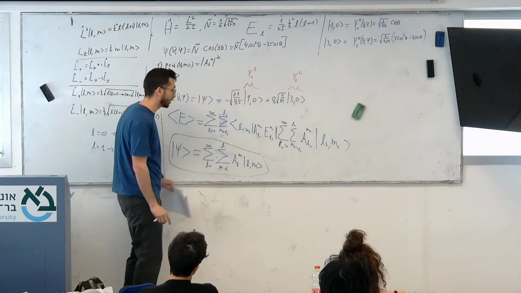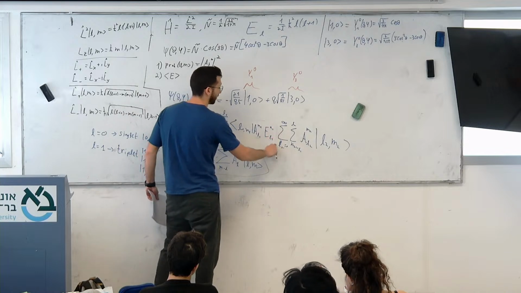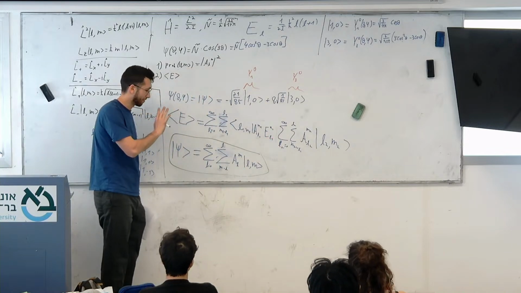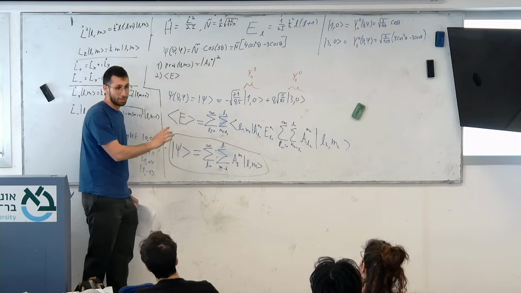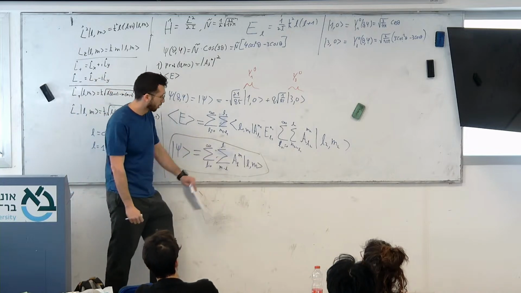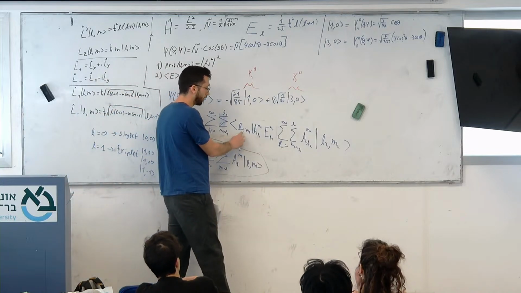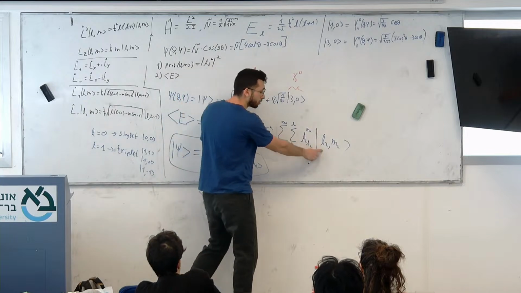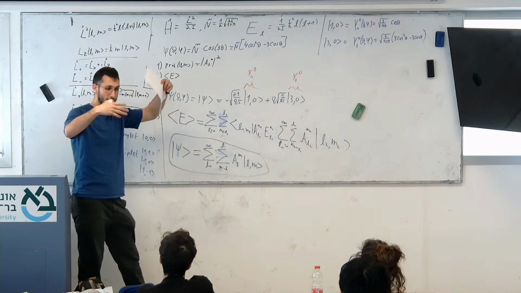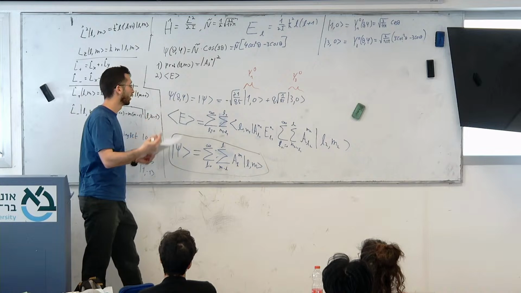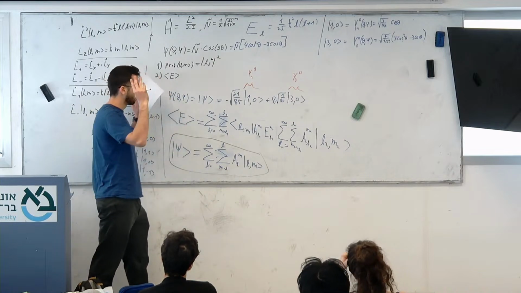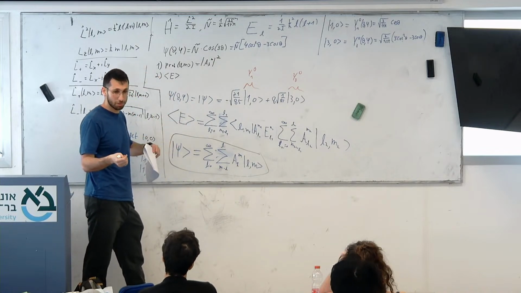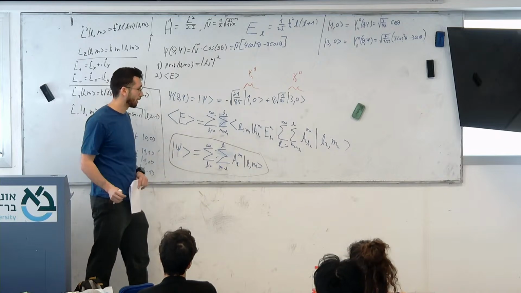I'm doing it the crazy way on purpose, just so you won't be scared. But we can clearly see that if L1 is different than L2, because the states span the basis, they're orthonormal to each other, so L1 must be equal to L2, and M1 must be equal to M2.